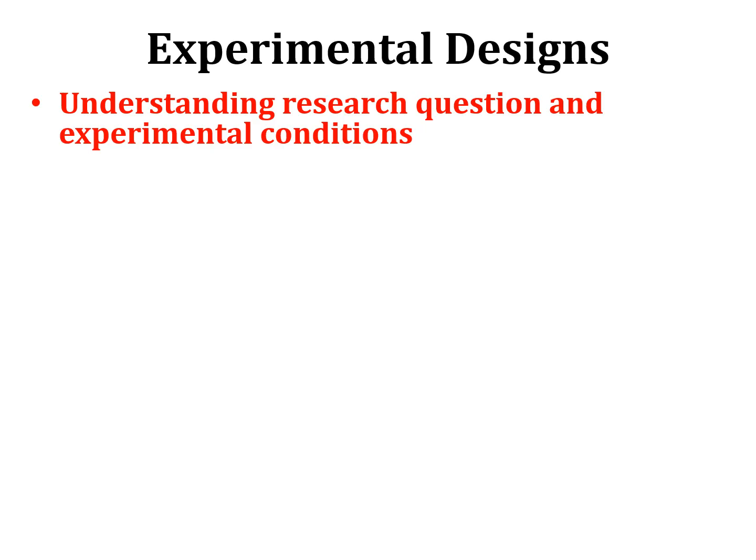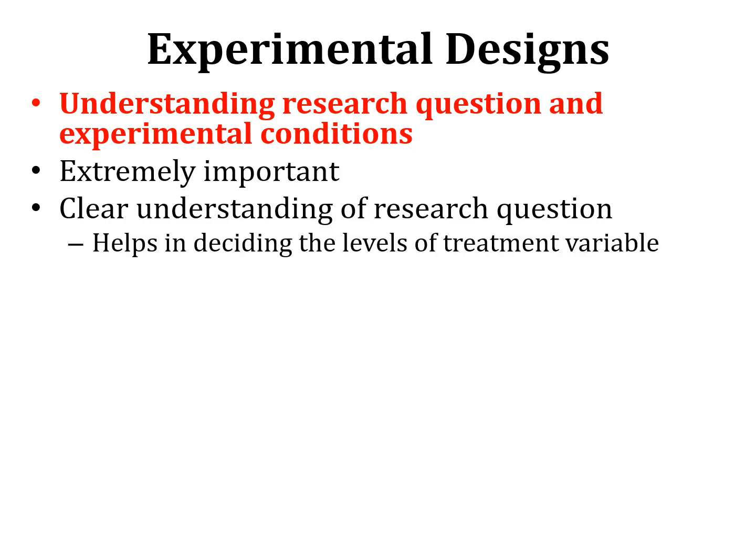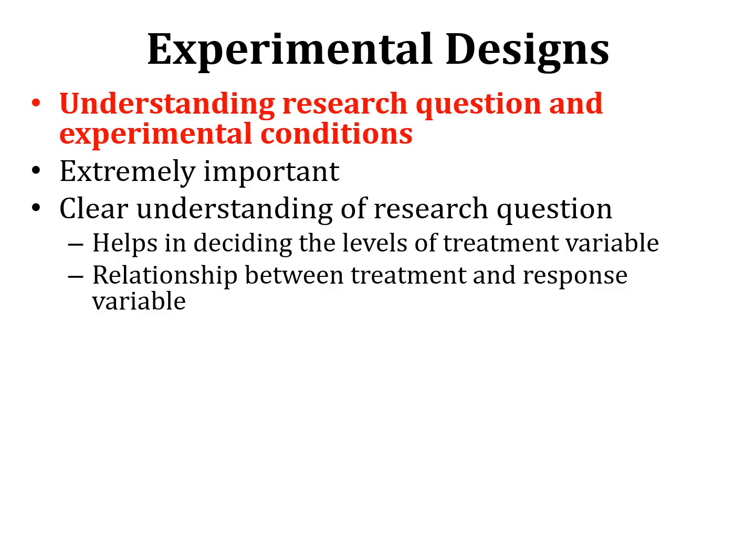Now, understanding the research question and experimental conditions is extremely important, right? You have to have a clear understanding of the research question and the experimental conditions. A clear understanding of the research question helps in deciding the levels of the treatment variable that you're going to apply on your units.